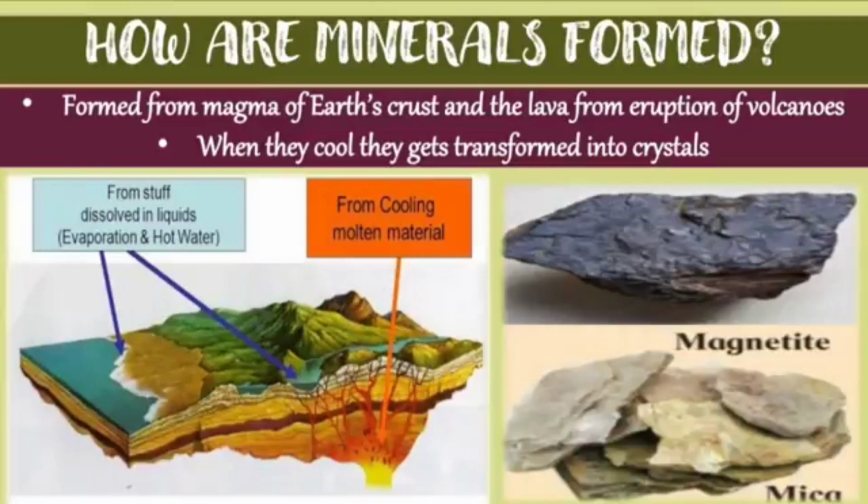So that is how minerals are formed: lava comes upwards and converts the stone or the land particles into minerals. After they get the amount of heat they need, they convert themselves into the mineral, depending on the temperature at which they are formed. For example, we have magnetite and mica.